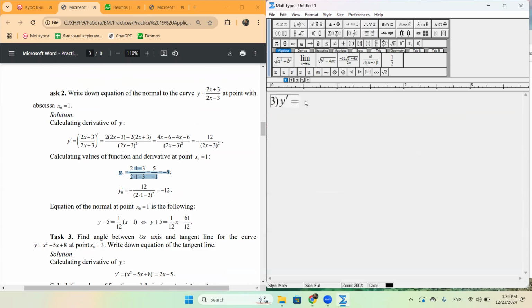So the next function, it's just a parabola. No fractions, no pains.